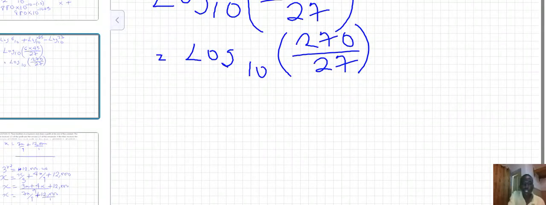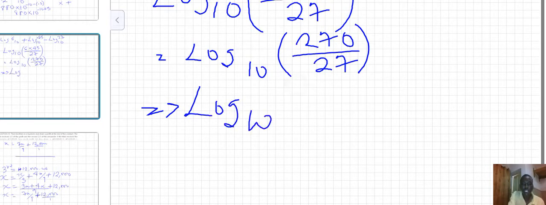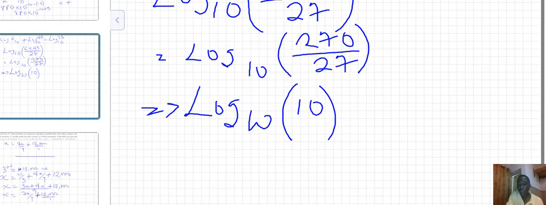The next thing you will do is to simplify this. That will give you log of 10, because 270 divided by 27 is 10. So that will give us log 10 base 10. And remember one simple law of logarithm: if you have log a base a, your result is 1.